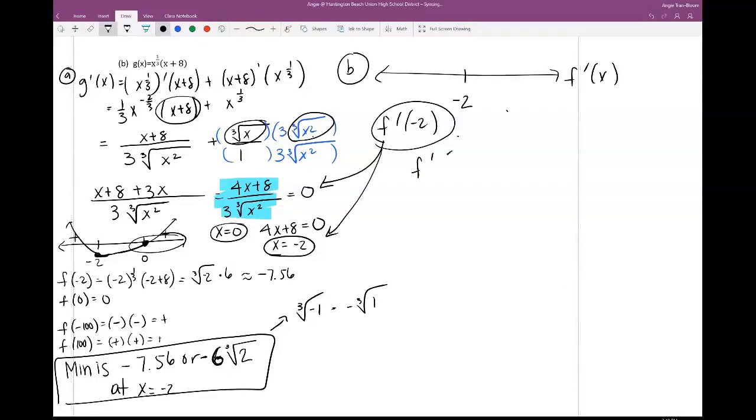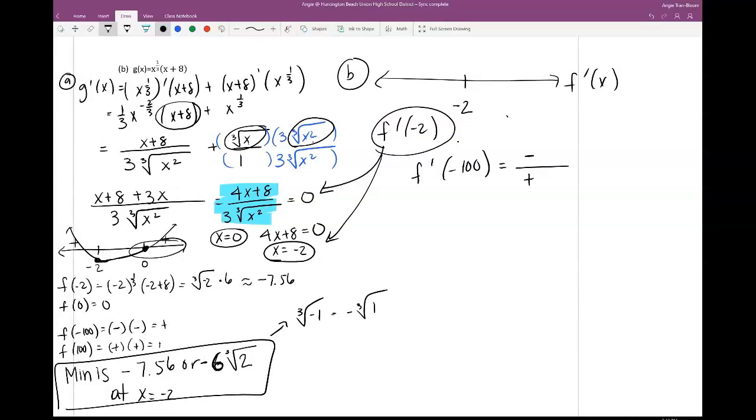But I need to plug in f prime of the left-hand side of that, which is negative 100. On the top, 4 times negative 100 is negative. On the bottom, third root of negative 100 squared, well, negative 100 squared is going to be positive, so that's always going to be positive. So this is going to be negative. Sorry, the lights in the classroom got turned off.